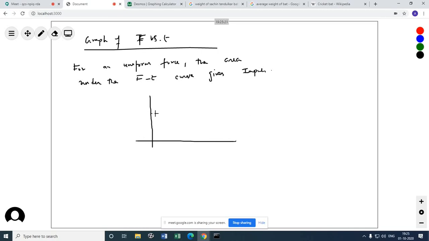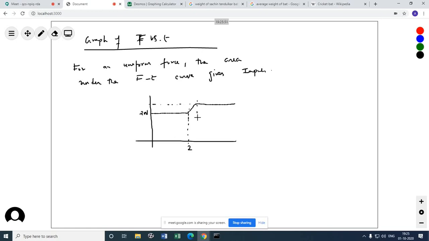So an example, look at this. A uniform force was applied up to 2 seconds. Then another higher force has been applied. Let's say this is 2 Newton. Then a little bit of increase, and then again it's constant.